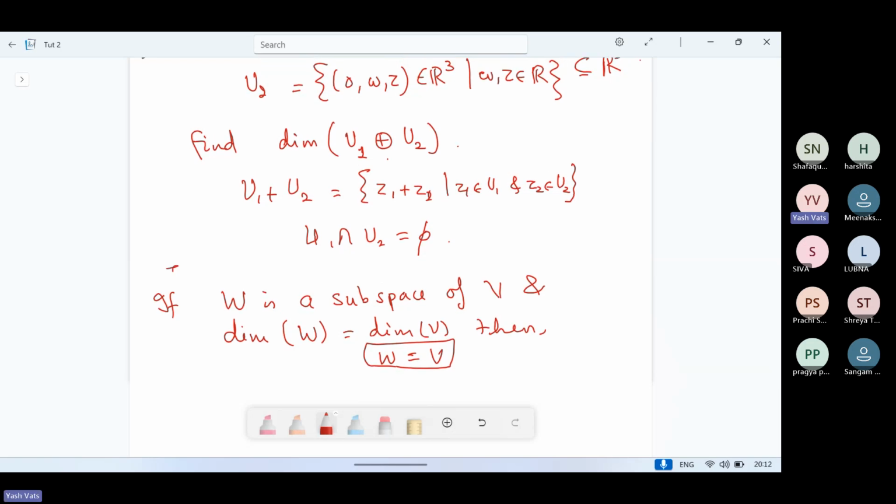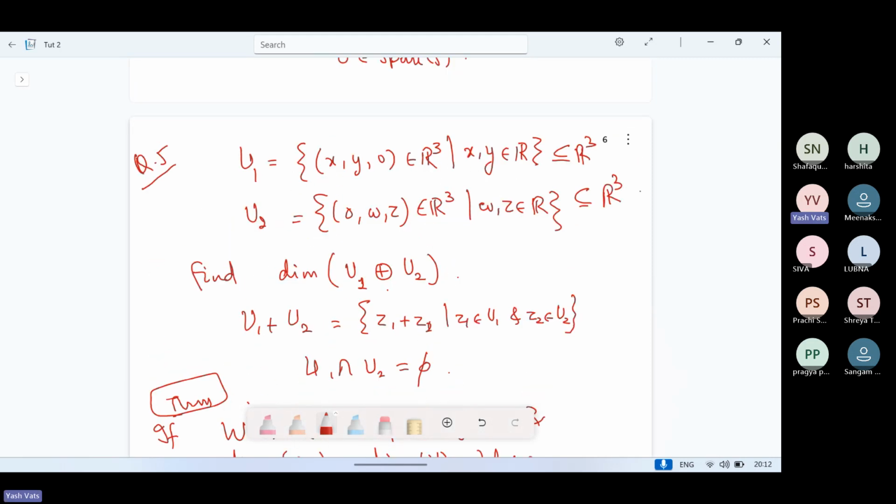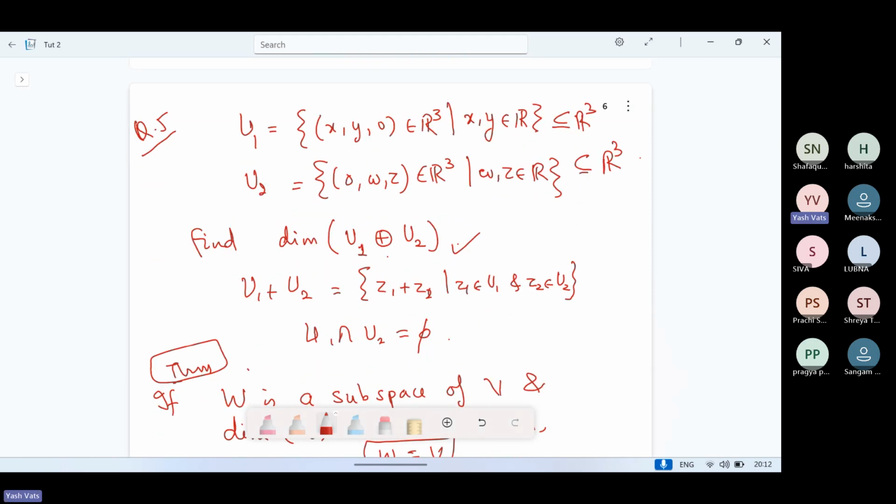This is a theorem, I'm not proving it. But you have to find the dimension of this. Tell me, what is the dimension? It's very straightforward.